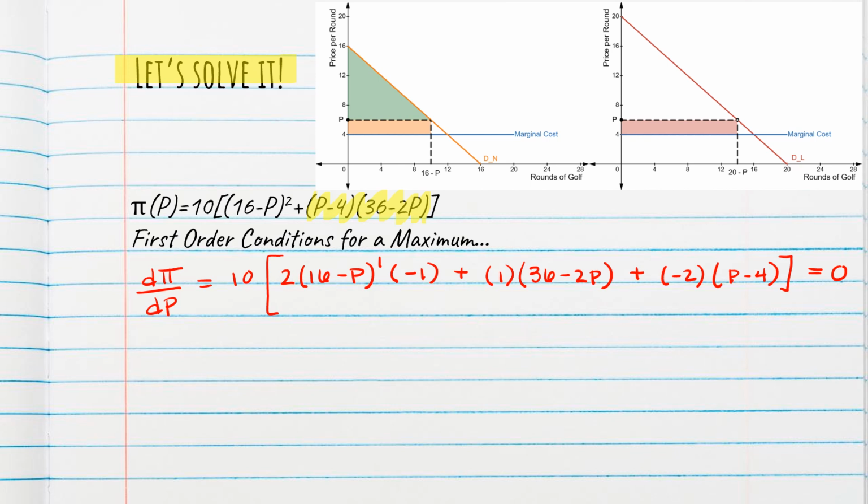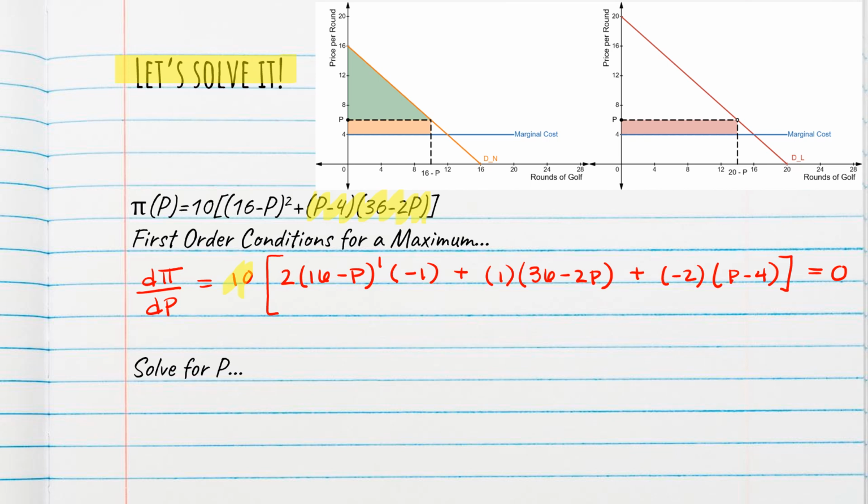So notice I had used the chain rule and the product rule, which I know most of you are probably very unhappy to see. From here, we should be able to simplify and solve for p. It's not going to be fun, but we can do it. So first things first, I can just get rid of this 10, multiply both sides by 1 over 10, and it's gone.